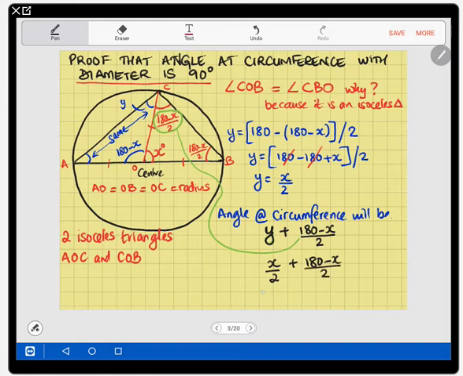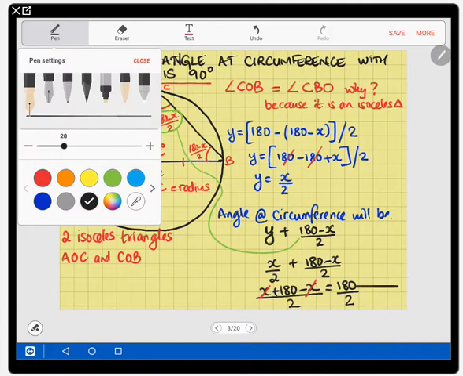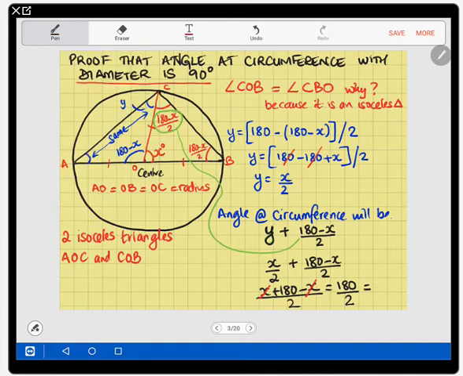That becomes x plus 180 minus x, the whole lot, divided by 2. This is equal to 180 divided by 2. Why? Because the x cancel, and 180 divided by 2 is equal to what? 90 degrees.